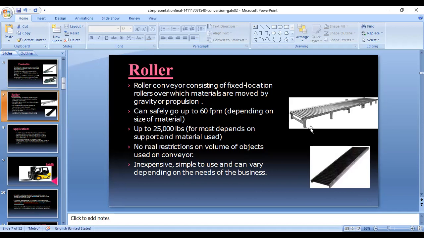There are no real restrictions on the volume of objects used on the conveyors. They are inexpensive, simple to use, and can vary depending upon the needs of the business. Depending upon the nature of the work, we can choose the type of roller conveyor.